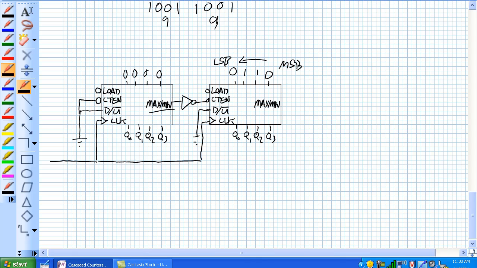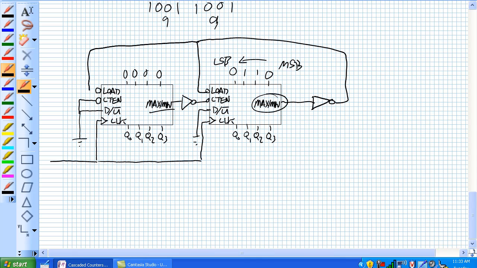Now when it gets to 99, we want to reload to start at 60. So once this reaches its maximum, its terminal count, i.e. max/min, is going to go high. So what we do is invert that and send it to the load.